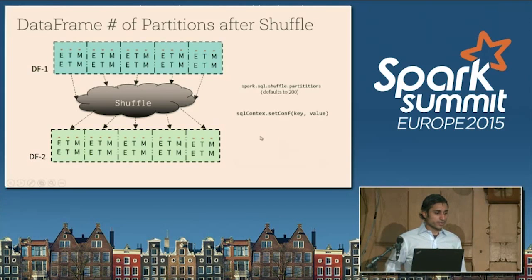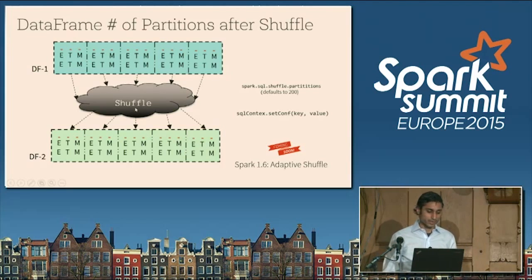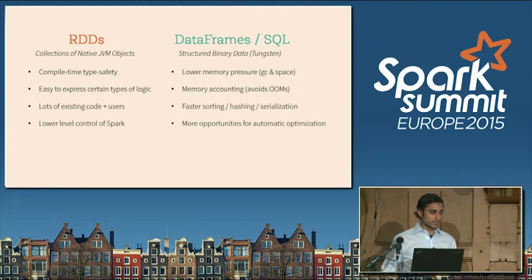Anyway, I wanted to mention that in Spark 1.6, there's a new feature coming called Adaptive Shuffle, which will dynamically adapt how many partitions should be in the data frame after the shuffle. So that is coming. And I also thought maybe I should leave this slide up. This is just comparing RDDs to data frames. Data frames give you all these features. I won't read through this, but I'll let you skim through it.